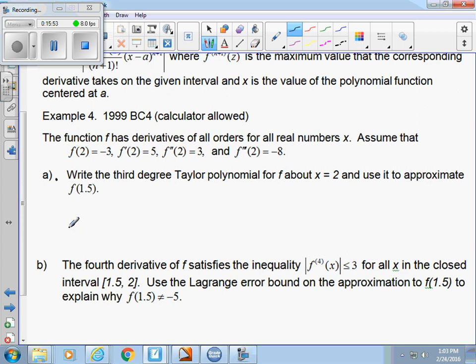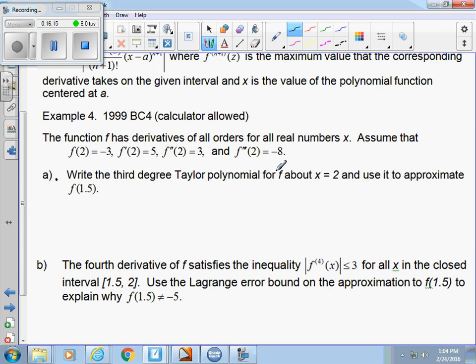It's under F3. If you put in a function, it will write the Taylor polynomial expansion for you. So because of that, most of these show up on non-calculator. However, you can see how this one could show up on a calculator even now because of the way it's where it doesn't give you a function.